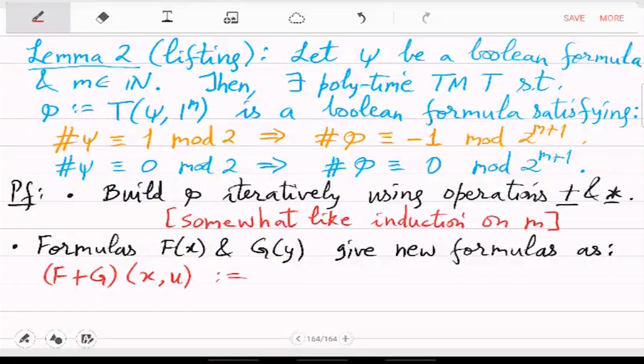What you do is, for u equal to 0, look at satisfying assignments of f. Otherwise, those of g.